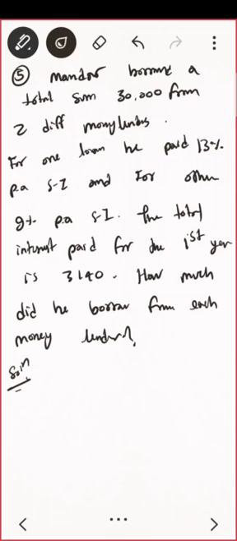I don't know principal of each of them, but what I know that is total principal is 30,000. Mandar borrowed a total sum is 30,000. That means if for first money lender he had borrowed something, for second he had borrowed something, their sum must be 30,000. Agreed?